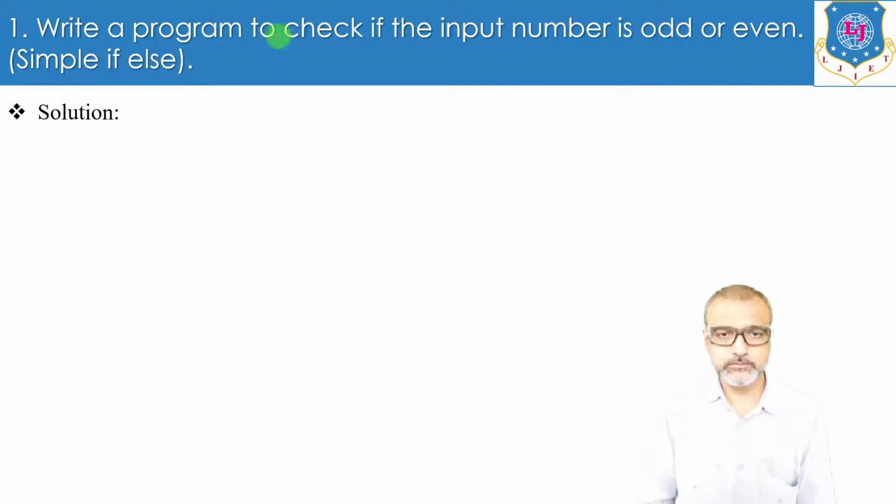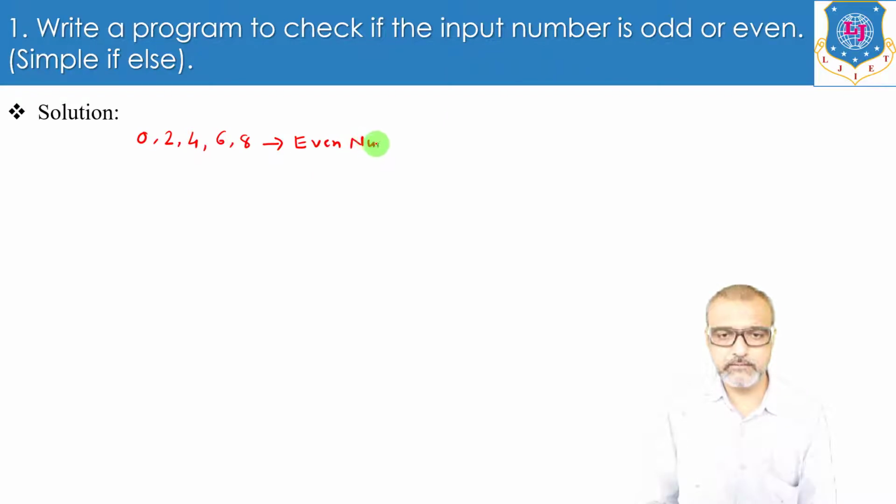Write a program to check if the input number is odd or even number with the help of simple if else statement. So what is the concept of even or odd number? If you will find 0, 2, 4, 6 or 8 at unit place, then that particular number is even number.